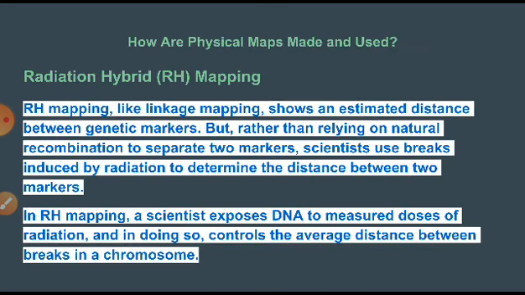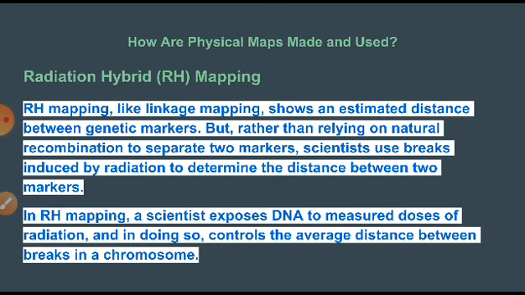How are physical maps made and used? Radiation hybrid mapping, RH mapping, like linkage mapping, shows an estimated distance between genetic markers. But rather than relying on natural recombination to separate two markers, scientists use breaks induced by radiation to determine the distance between two markers.